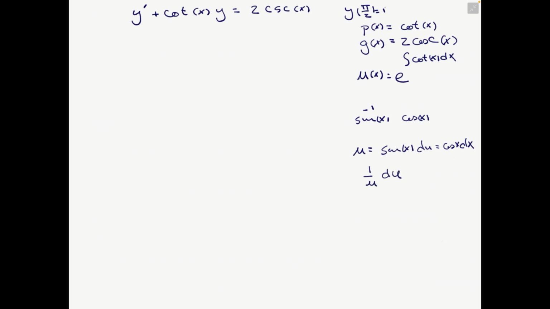So we have integral of 1 on u du. So we have e to the ln u, so that's mu of x, equals u, equals sine of x. That's our mu of x.